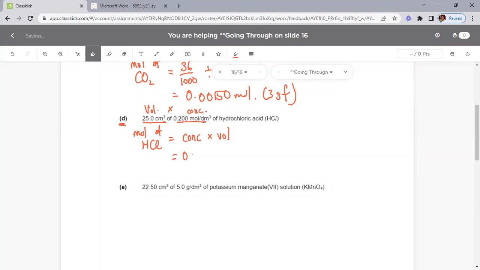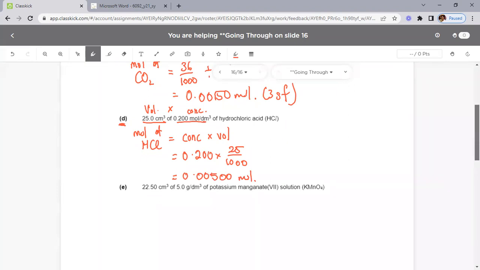So this will be 0.200 multiplied by 25 over 1,000. Let me press my calculator. This is equivalent to 0.00500 mole. So this is for part D.